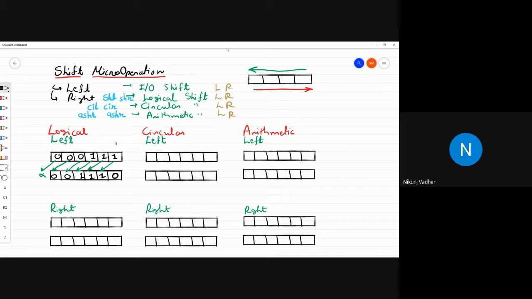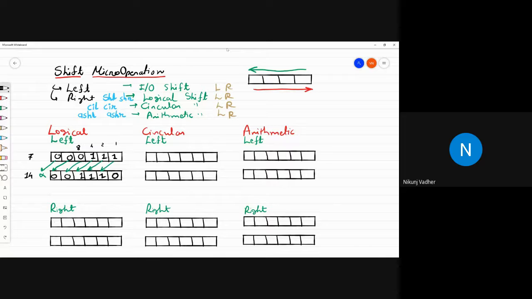Initially it was 1, 2 and 4, so 1 plus 2 plus 4 is 7. After the shift operation, it became 8 plus 4 plus 2, 12 plus 2, 14. So this 7 became 14. So if we perform the logical shift left, in many cases the number will be multiplied by 2.